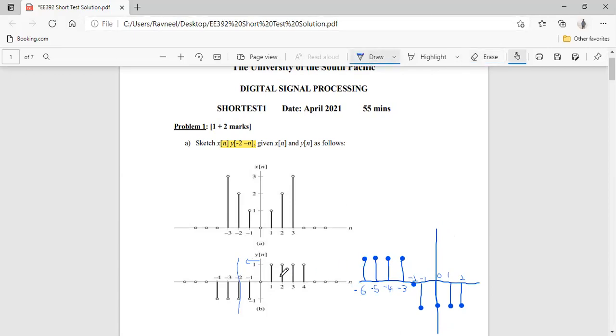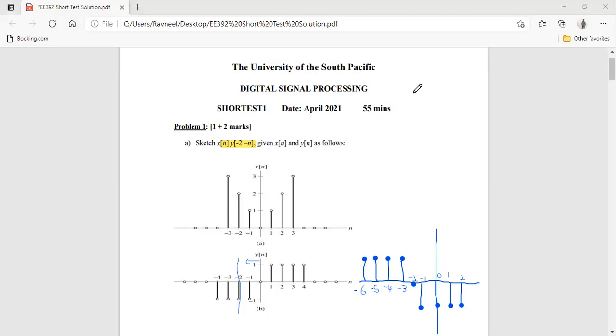Once you have this graph of y of -2 minus n, we just need to perform multiplication. At -6, it's 0, there's no value for x of n. At -5, it's 0. At -4, it's 0.